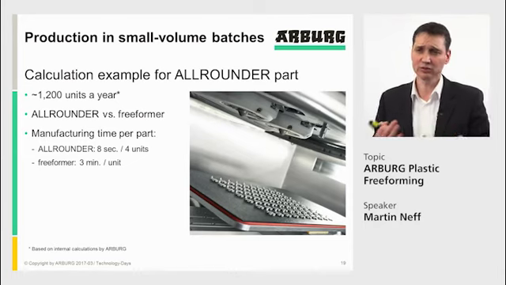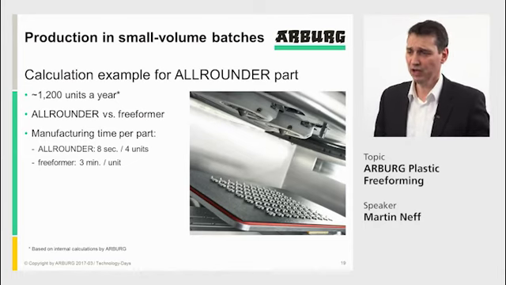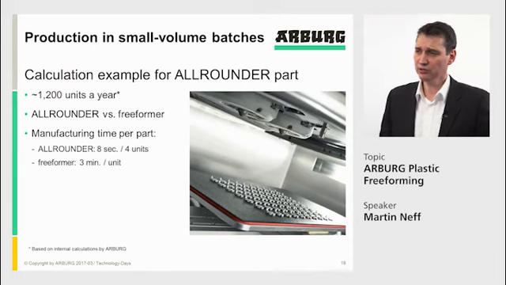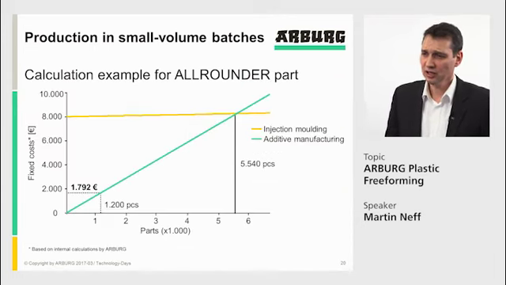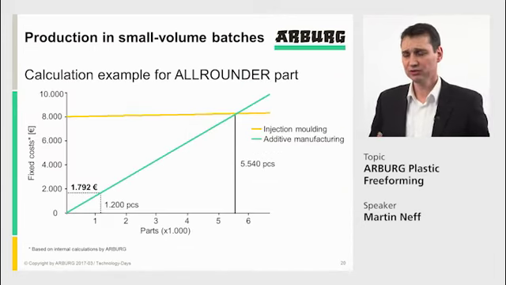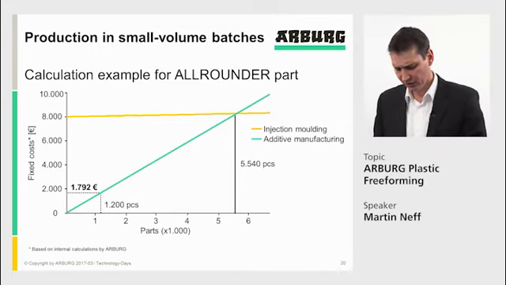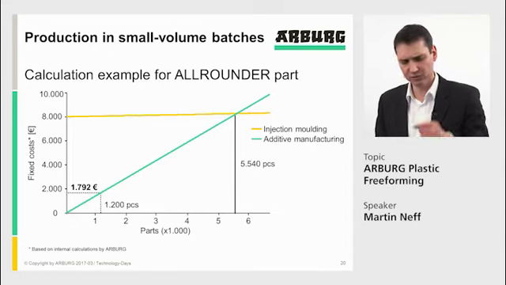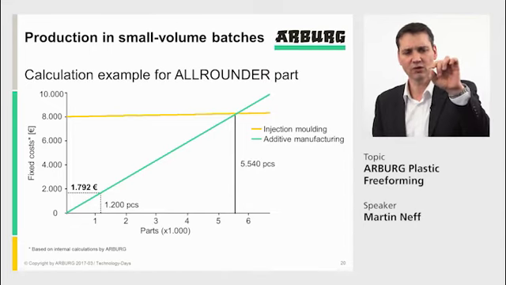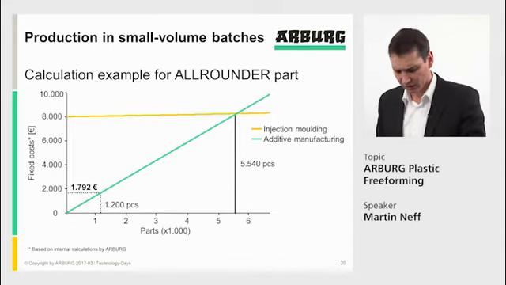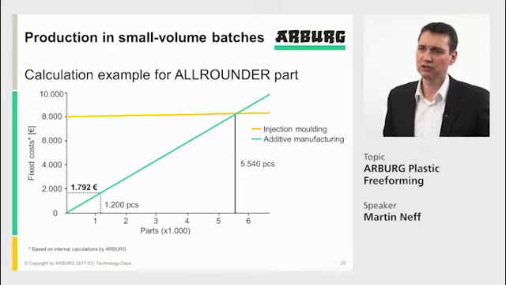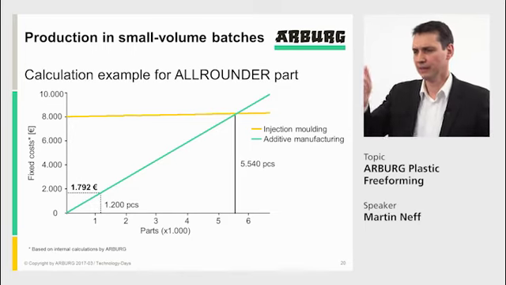For us, it was important to see where we have a break even. We went into this calculation, and we assumed that we have to build a mold for a 4-cavity tool, which costs us roughly 8,000 euros.